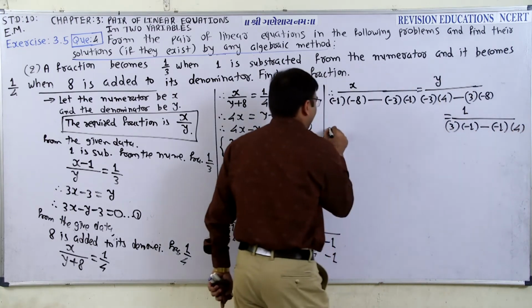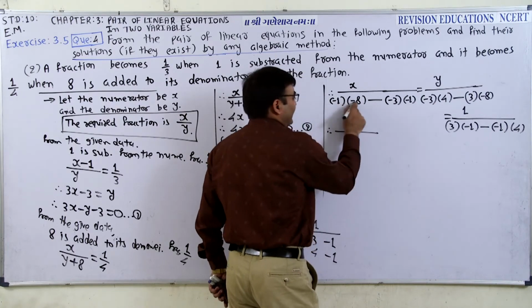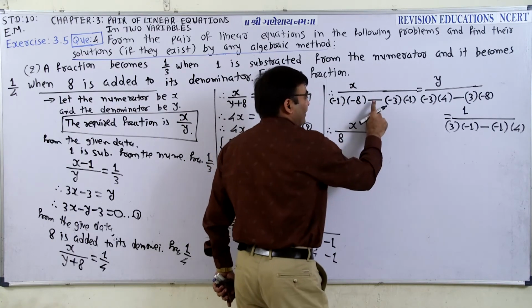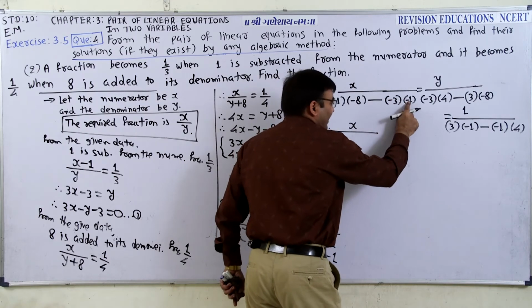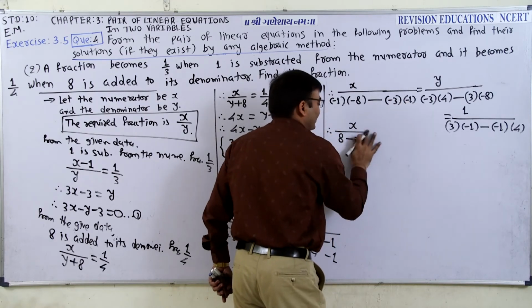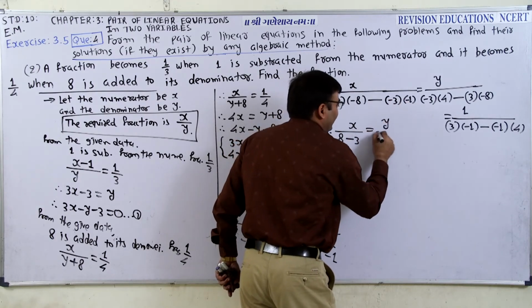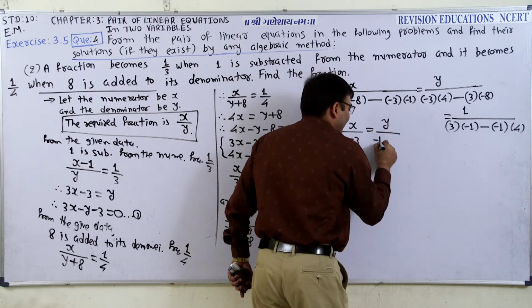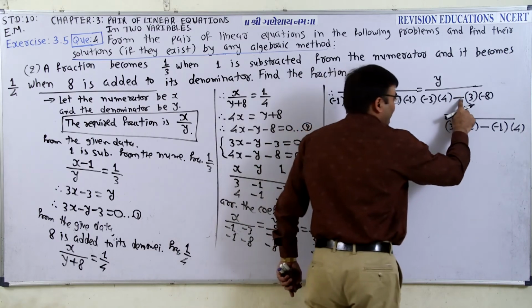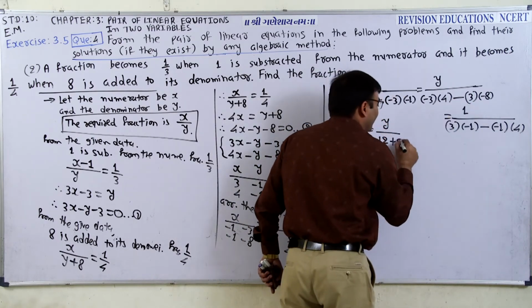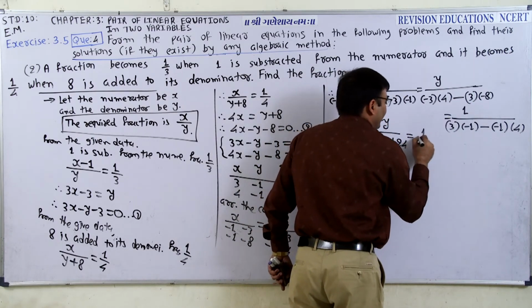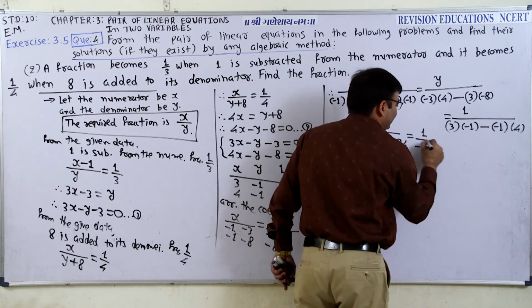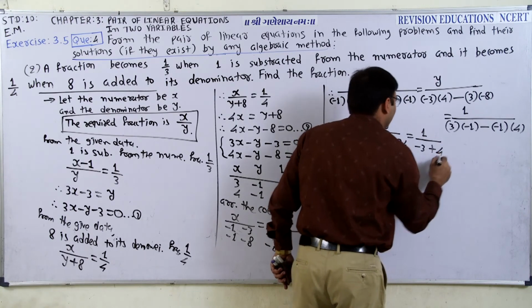Now we write here x upon negative negative positive, negative negative negative -3. Keep y as it is, negative into positive -12 and minus plus 24, and 1 upon -3 plus 4.